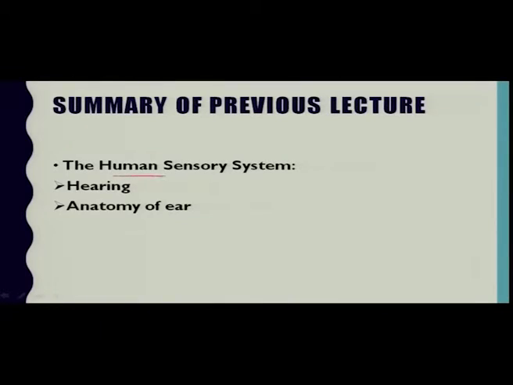So this lecture is in continuation with the previous lecture, which was based on cognitive ergonomics, in which we covered the description of the human sensory system, the hearing phenomena, and the anatomy of the ear and its related operation.